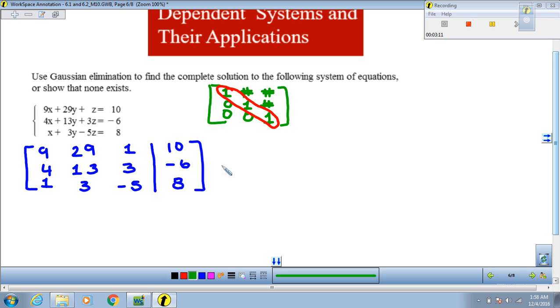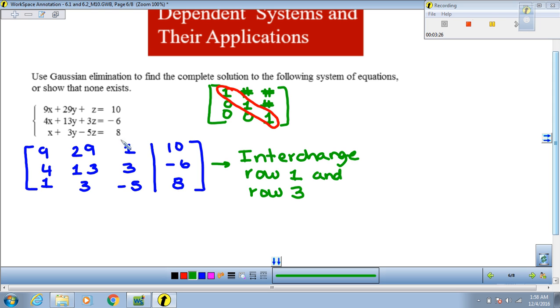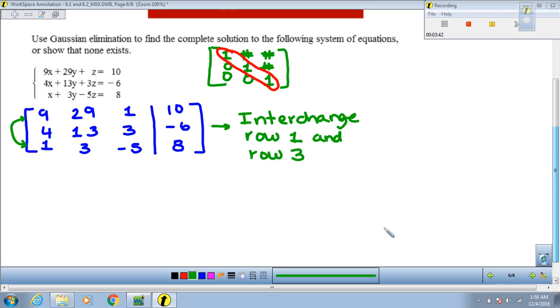So we're going to first interchange row 1 and row 3. Why? Because I want to have a 1 in the first column, and there is already a 1 in row number 3. So why not simply swap or interchange these two? And that's what we're going to do.